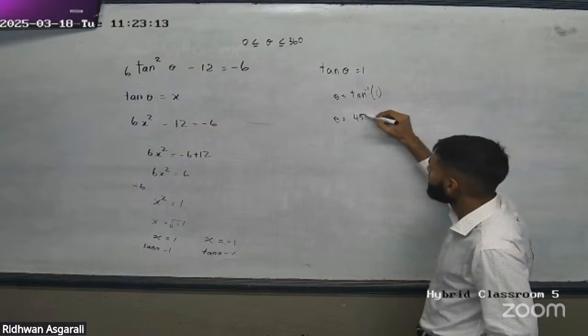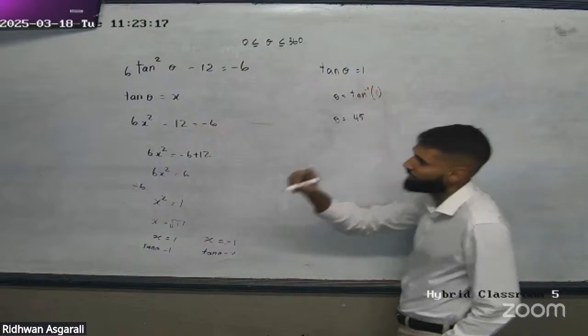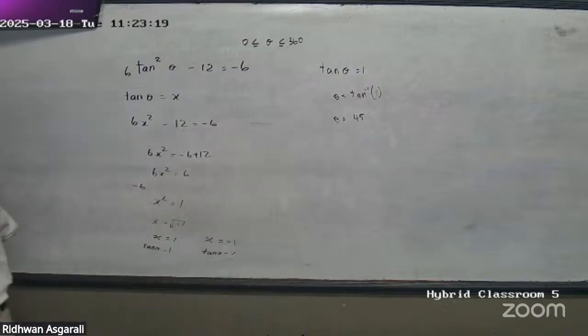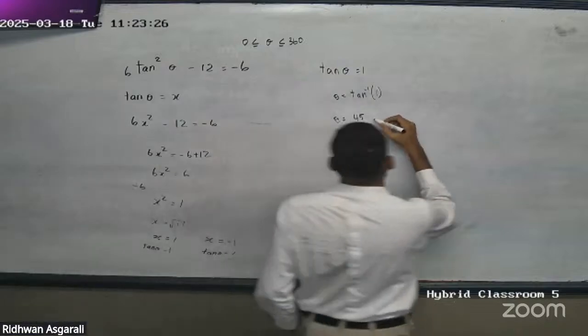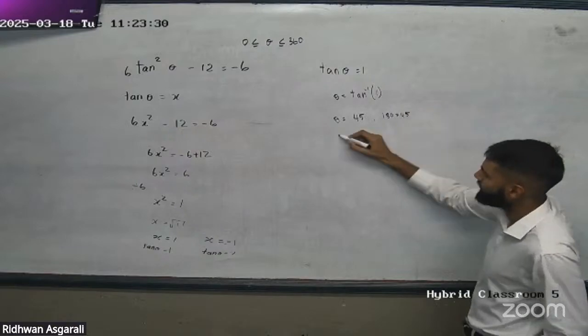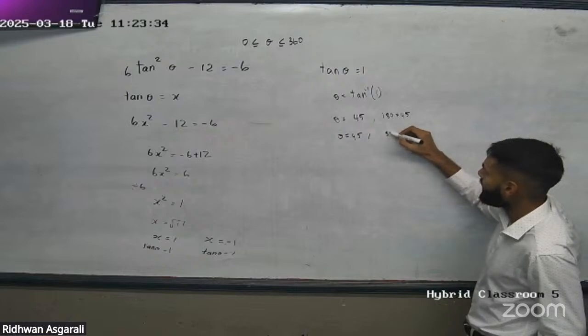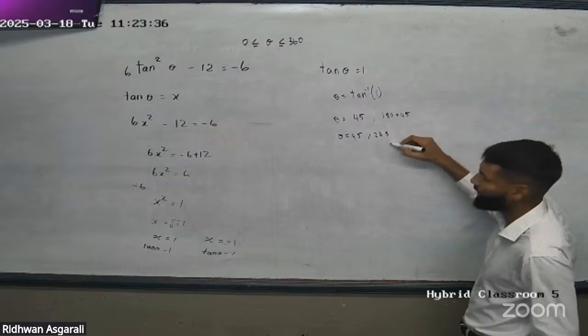Yeah? Right? And tan is positive or negative? Positive. So in which of the quadrants is tan positive? The first one and the third one, yeah? So to get the second value it is 180 plus 45. So we have theta is 45 and 225.